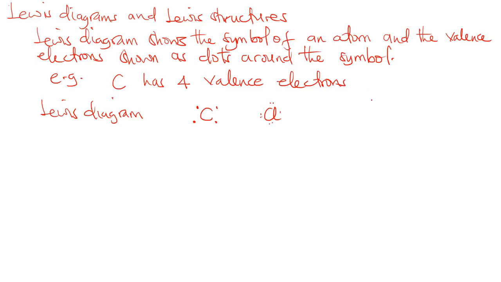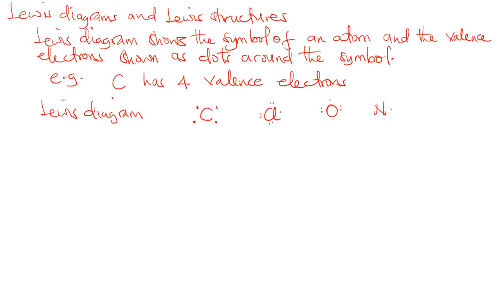So that gives chlorine 7 valence electrons. That is the Lewis dot diagram of chlorine. Oxygen has 6 valence electrons, so it must have 6 electrons. So that's a Lewis diagram for oxygen.